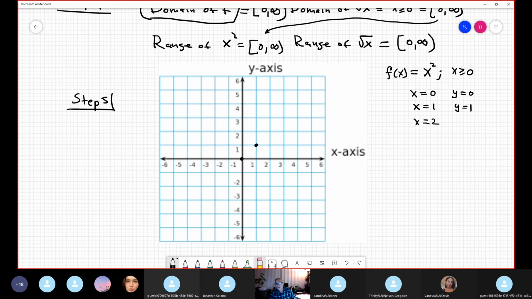And 2 squared is 4, y equals 4. Okay. And the points are 0, 0, 1, 1, nice, and 2, 4. Okay, I plot that. 2, 4 is here. Okay, I connect this and this. This is my parabola. 3 is 9. Continue here, increasing too fast. This is the function x squared under the restriction that x is only positive or 0.